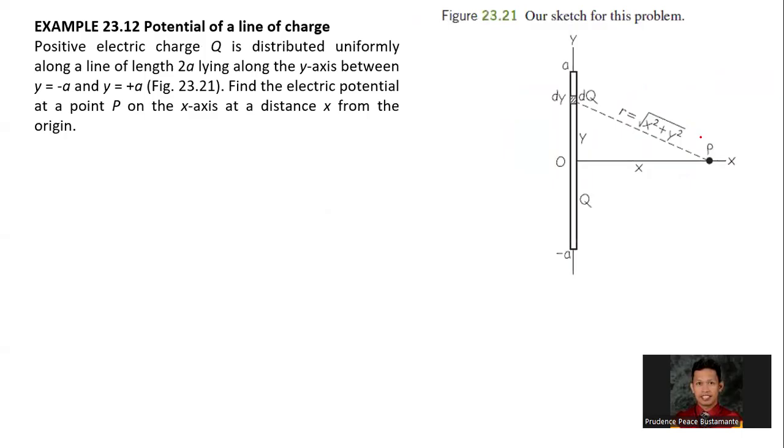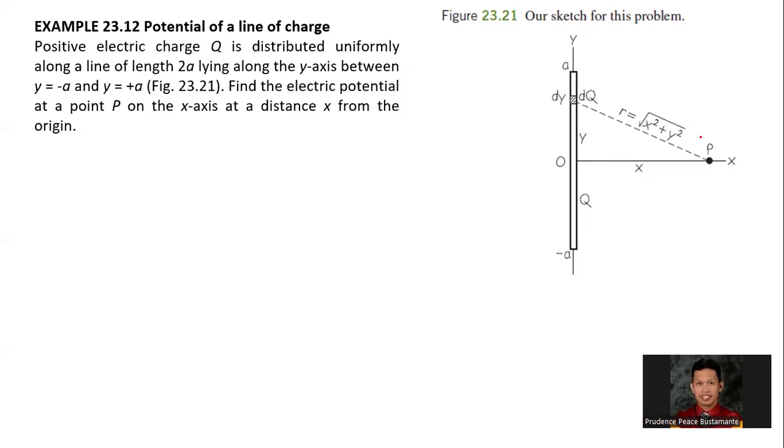So how about if you are asked to find the potential of a continuous charge distribution, such as this one? A potential of a line of charge. A positive electric charge Q is distributed uniformly along a line of length 2a, lying along the y-axis between y equals negative a and y equals positive a.